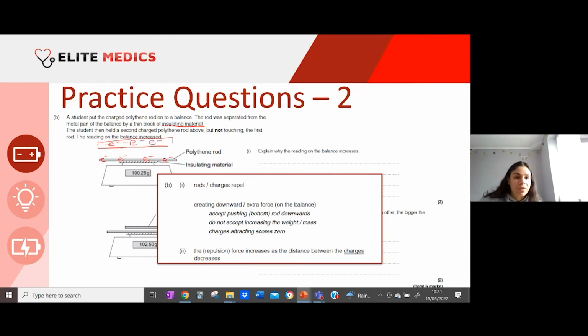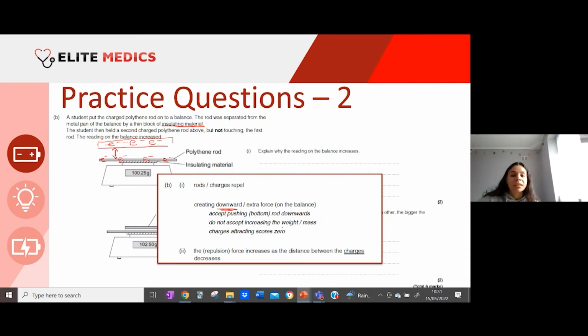So they're pushing away from each other. We've got this pushing this way, this pushing this way. So this rod pushes down on the scale, and that's why the balance reading increases. So we've got a downward force. We're pushing downwards on the scales.